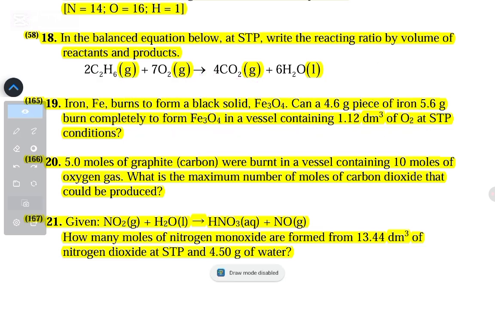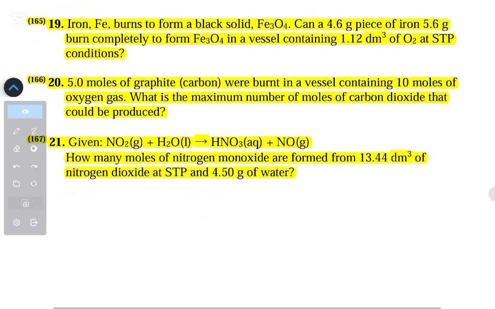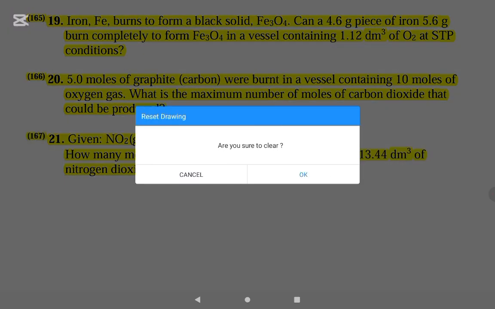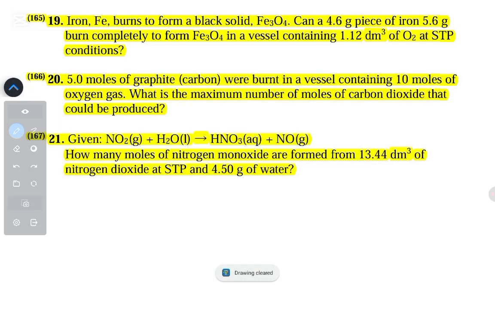Okay, these three are important ones. Those are the big ones: limiting and excess. People usually have trouble with this. Iron Fe burns to form a black solid Fe3O4. Can a 5.6 gram piece of iron burn completely to form Fe3O4 in a vessel containing 1.12 decimeter cube of O2 at STP conditions?